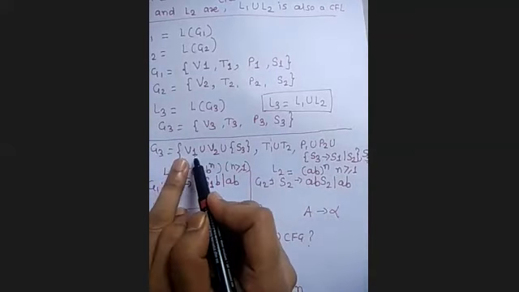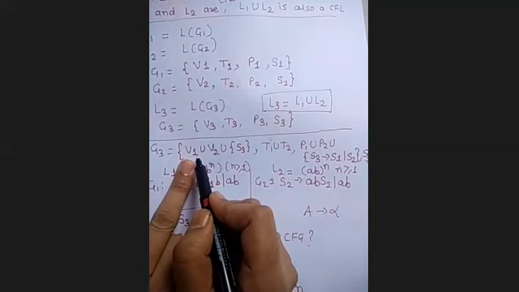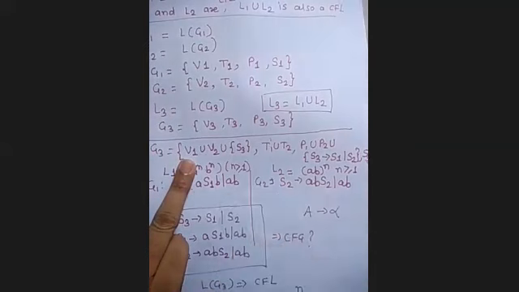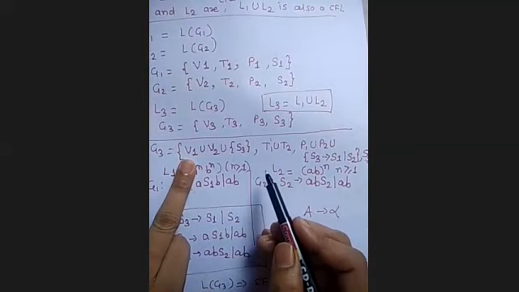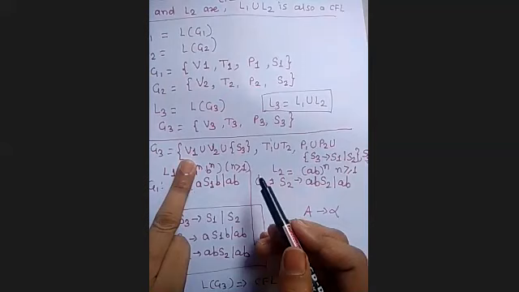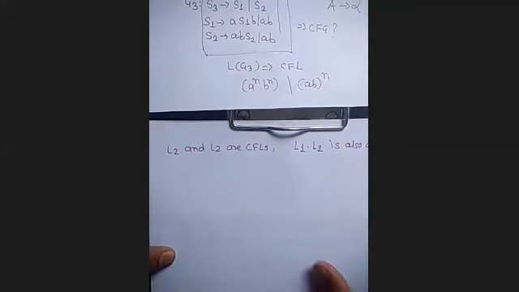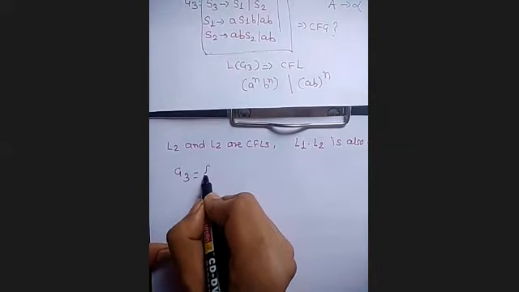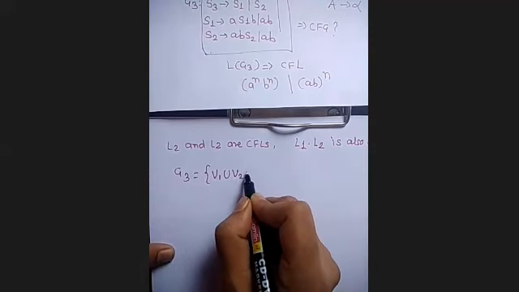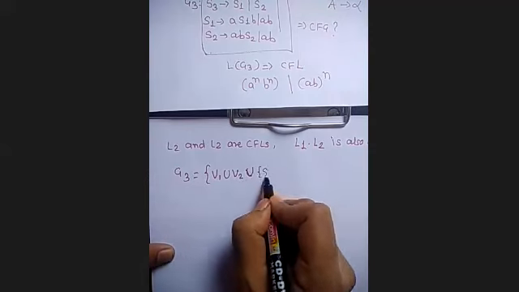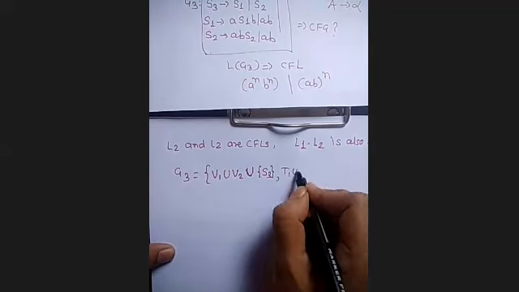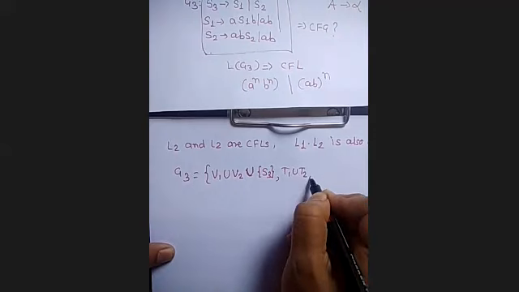We'll take V1 union V2 union S3, a new start symbol for the grammar G3, and T1 union T2, the union of the terminal sets of G1 and G2.